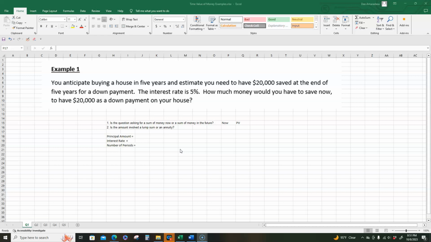If you read the question, we're not going to put in money every year. We're just going to put in one payment now, one lump sum now, and that's going to accumulate interest so that we have $20,000 at the end of 5 years. So the answer to this question, is the amount a lump sum or an annuity, is a lump sum.